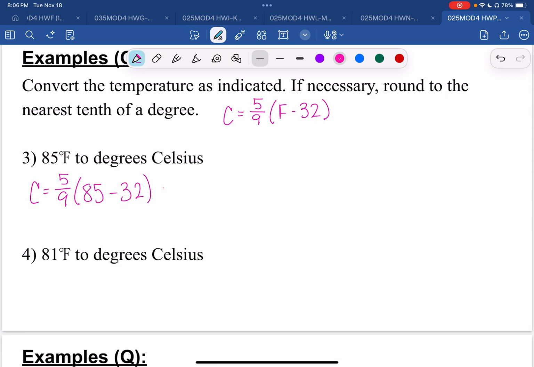Our order is going to be a little different. First, we're going to subtract 85 minus 32, which gives us 53. And then we're going to do 5 ninths times 53 to give us 29.4 degrees Celsius.